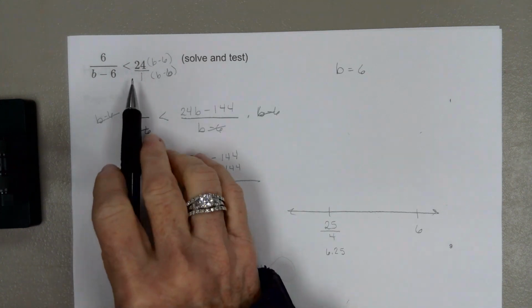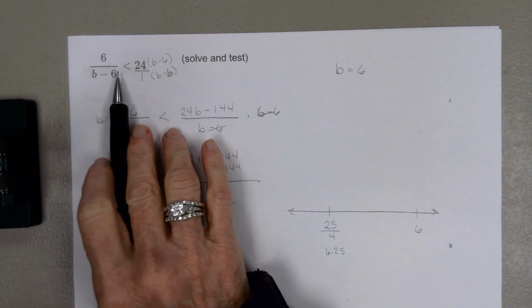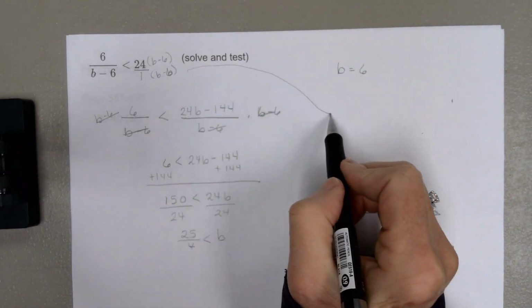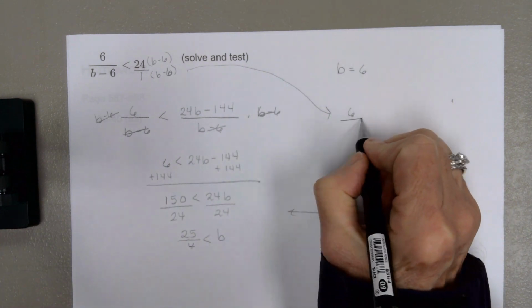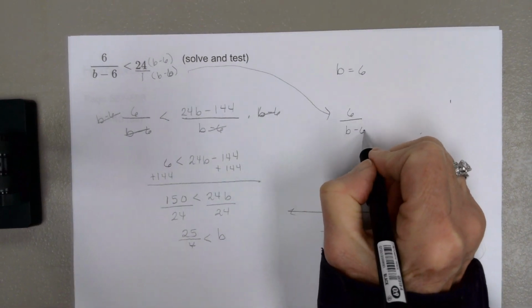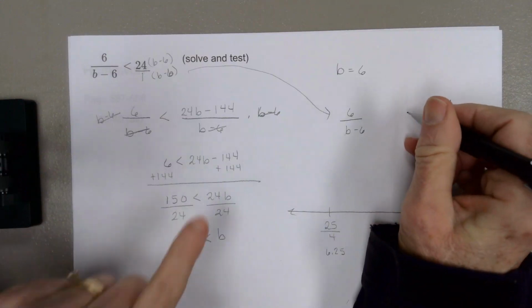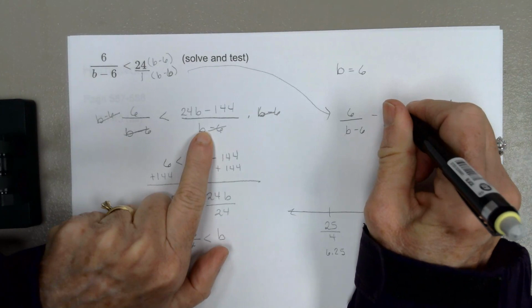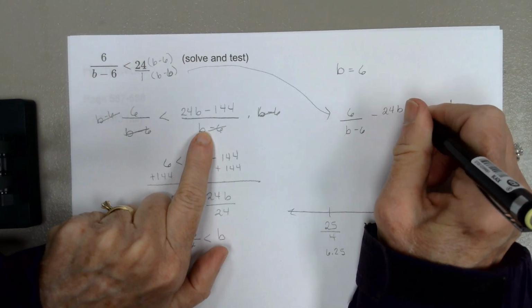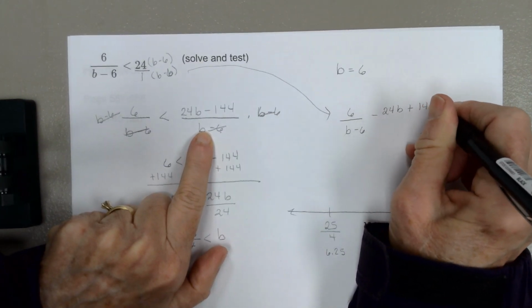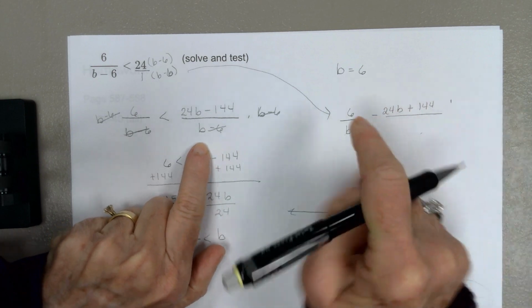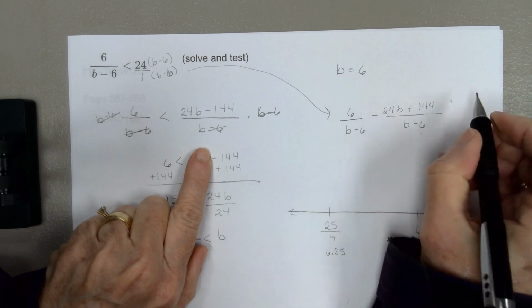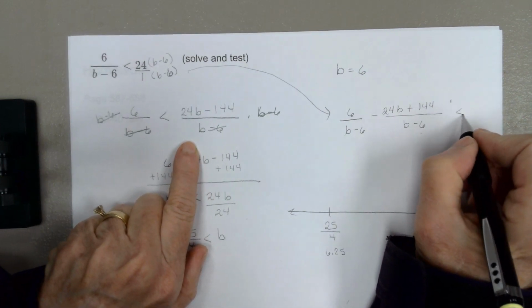because it'll make it easier to test, because you can just test whether it's positive or negative. So if I change this to 6 over b minus 6, and then I subtract this side from it, I'm going to have a negative 24b, and it will end up being plus 144, because you're going to distribute your subtraction, over b minus 6 is less than 0.